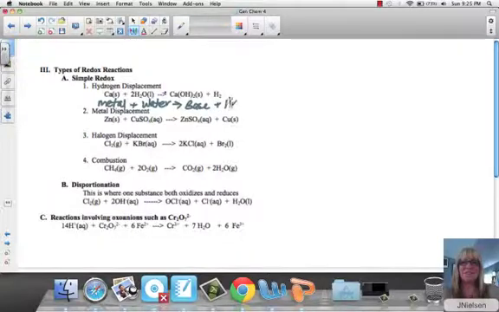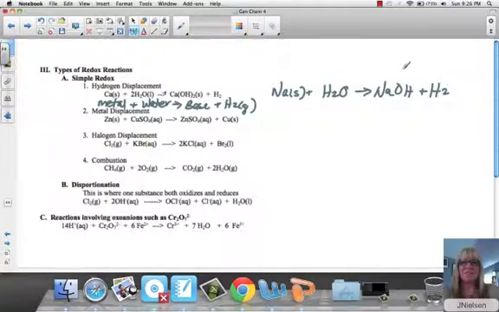So that's one way to recognize redox. Another example of this could simply just be Na solid plus water, and obviously it's going to make a metal hydroxide, so it's going to give us NaOH and H2 gas. Usually the hydrogen displacement is seen with a group 1 or group 2 metal.